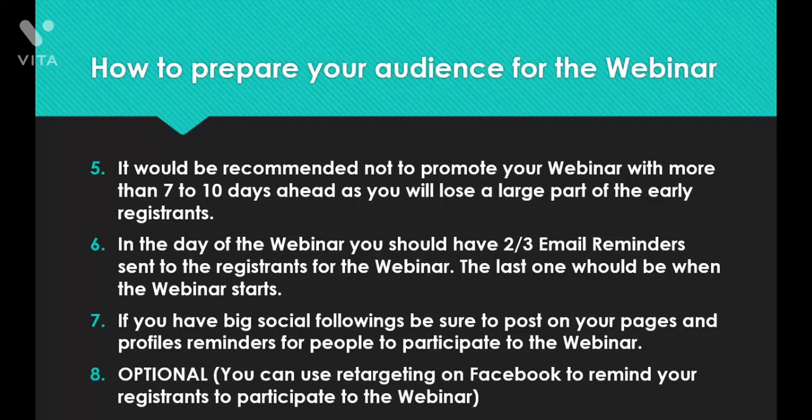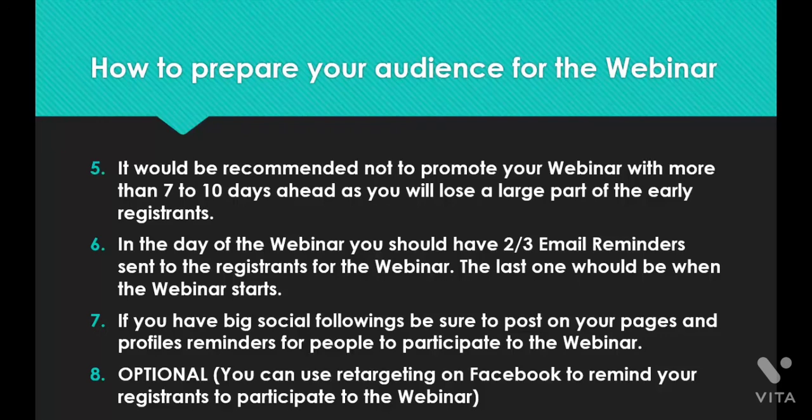Now, an optional thing that you can do, and a lot of the people that are conducting webinars on the web right now are doing this successfully, is that they use retargeting, for example on Facebook, but you can use retargeting also on Google and other ad platforms. They are using retargeting on Facebook to remind their registrants to participate in the webinar. And this is something that you can do optionally because you already remind them through the email sequence that you have created.